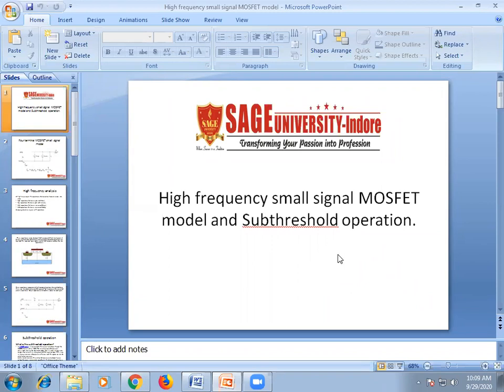We studied in Microwind, in the layout also, that when we see the VI characteristics of a MOSFET in the saturation region, the current doesn't remain constant. It slightly increases, and this is because of these sub-threshold parameters that are present, like channel length modulation, body effect, and threshold voltage.